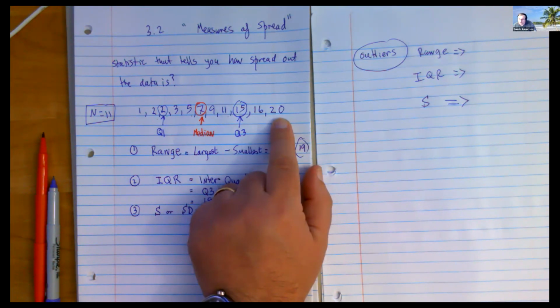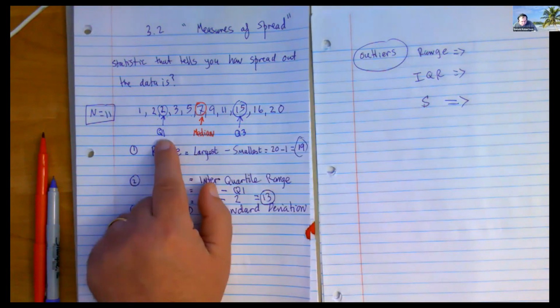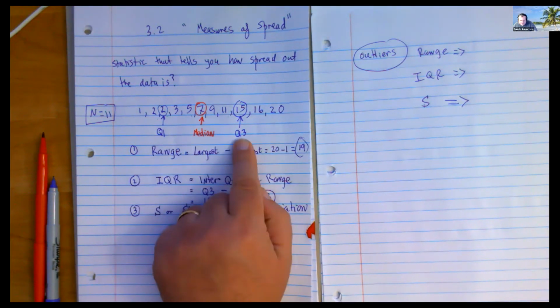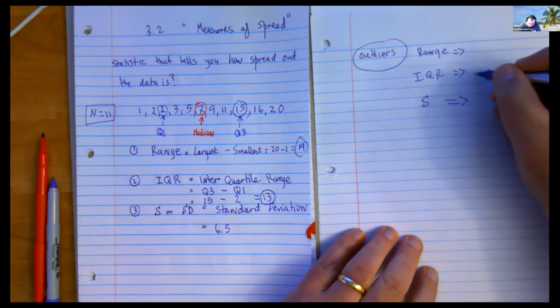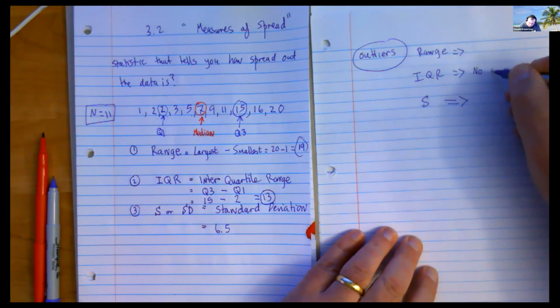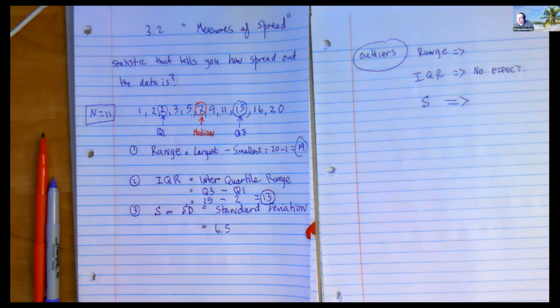Would the interquartile range be changed at all? Wouldn't Q1 still be 2? Wouldn't Q3 still be 15? That number turning into 2 million or 200 or 200,000 has no effect. So interquartile range has no effect.